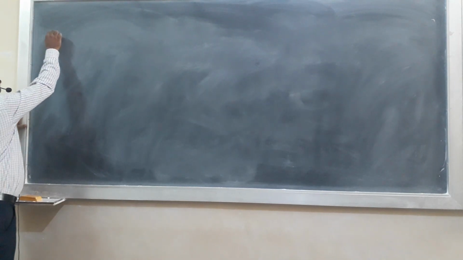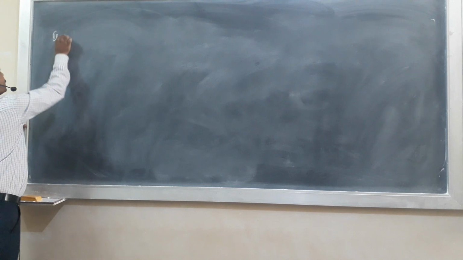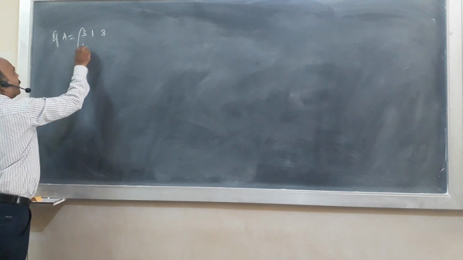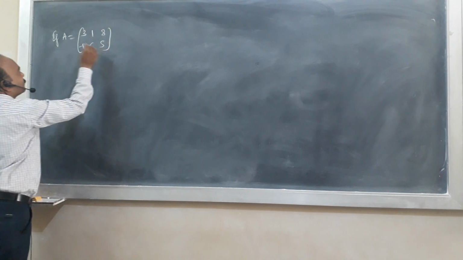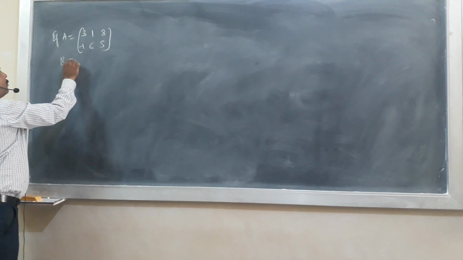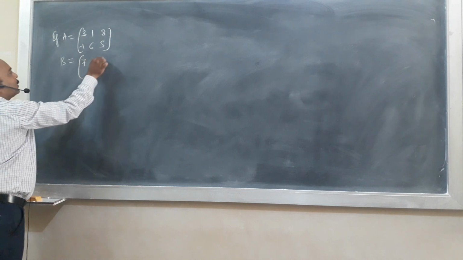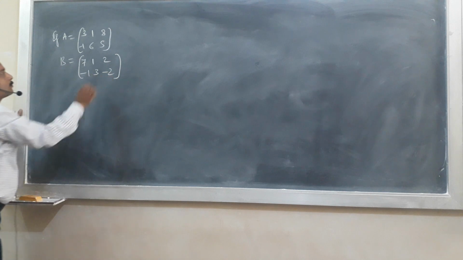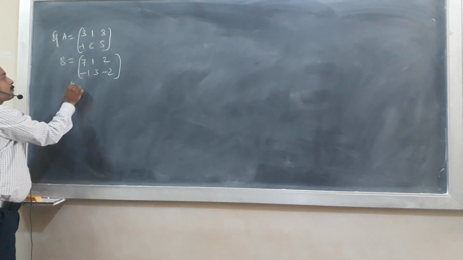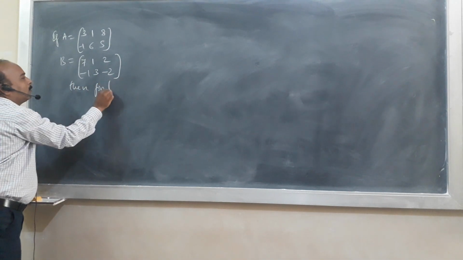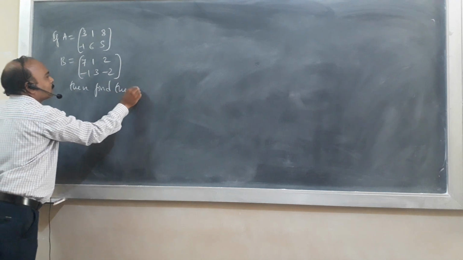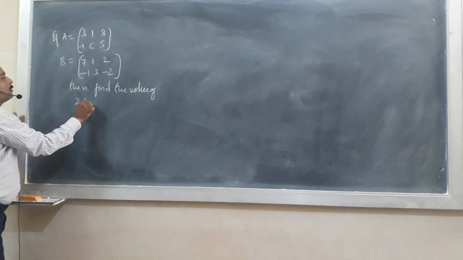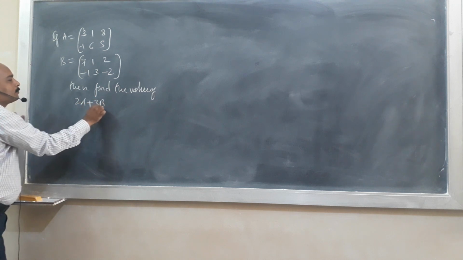For one more example, if A equals [3, 1, 8; minus 1, 6, 5] and B equals [7, 1, 2; minus 1, 3, minus 2], then find the value of 2A plus 3B.